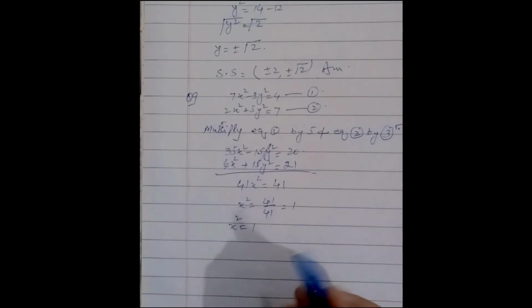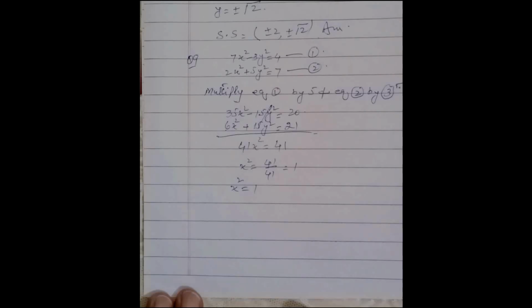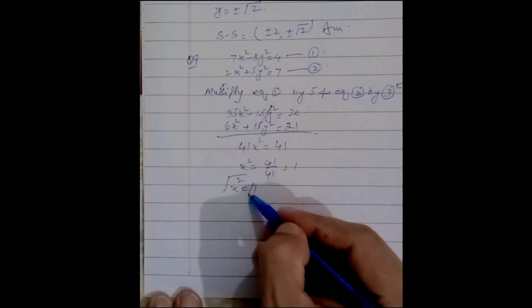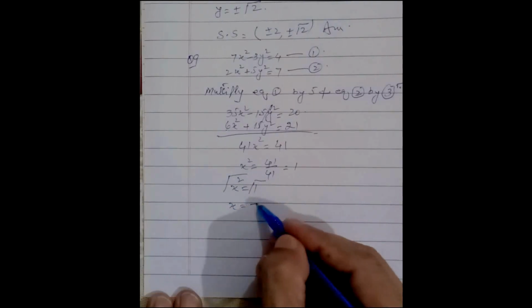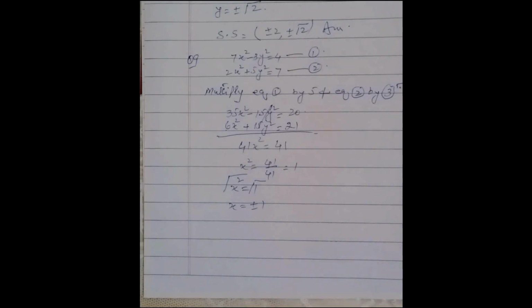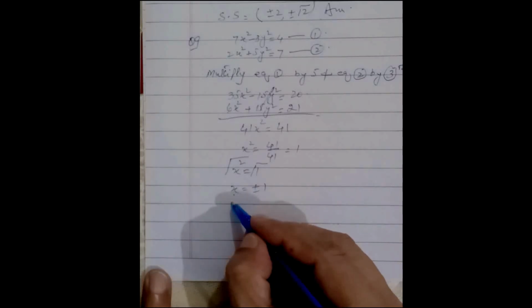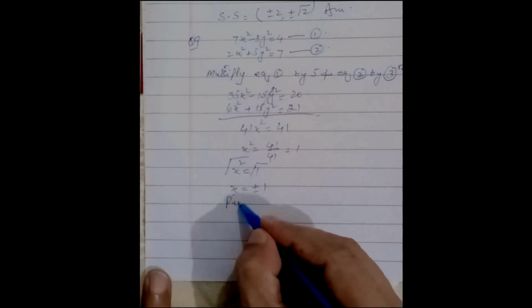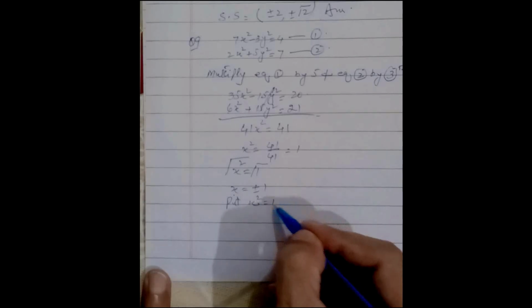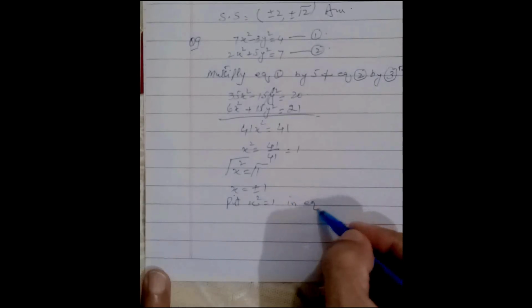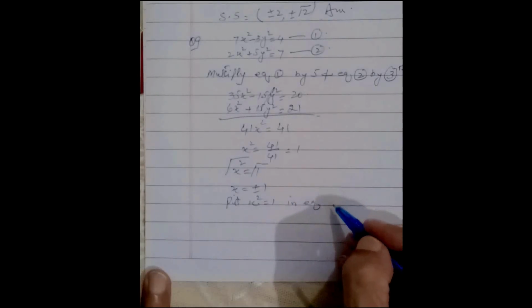So x² = 1, and then we take the square root on both sides, we get x = ±1. And then to find the value of y, we put x² = 1 in equation 2.